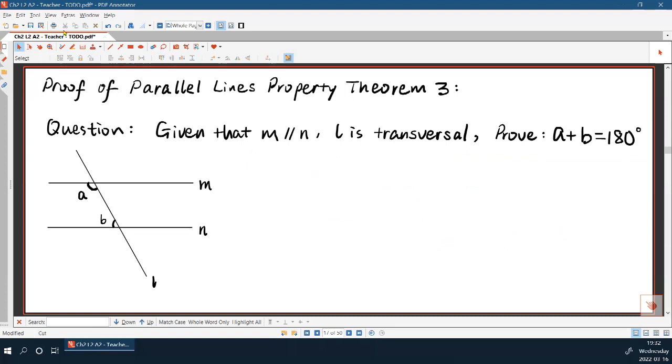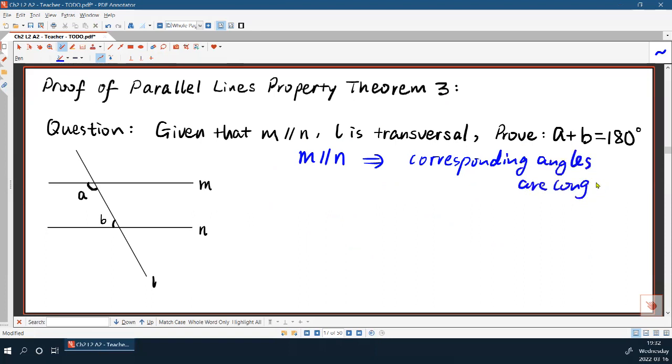Because we already know that if M is parallel to N, property theorems 1 and 2 have been proved, right? Property theorem 1 states that if M is parallel to N, then the corresponding angles are congruent, right? And property theorem 2 has also been proved by us.